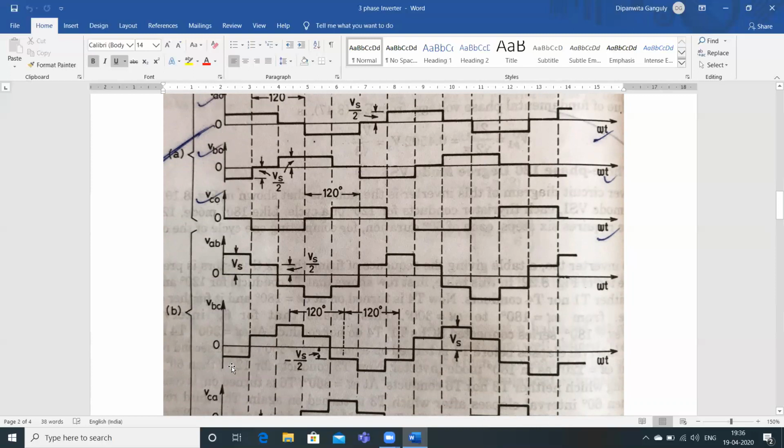For VAO minus VBO, this is plus Vs by 2 and this is minus Vs by 2. If we subtract, Vs by 2 minus minus Vs by 2, we will get Vs.